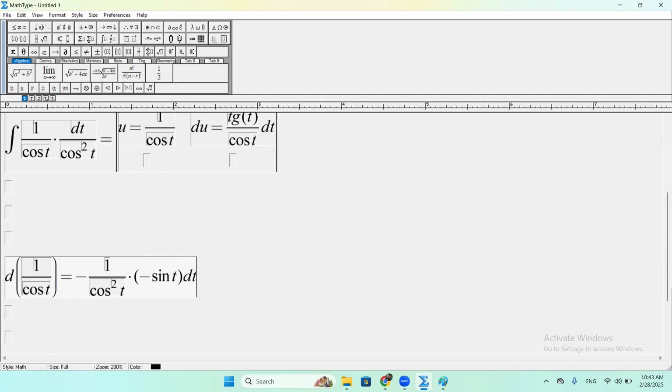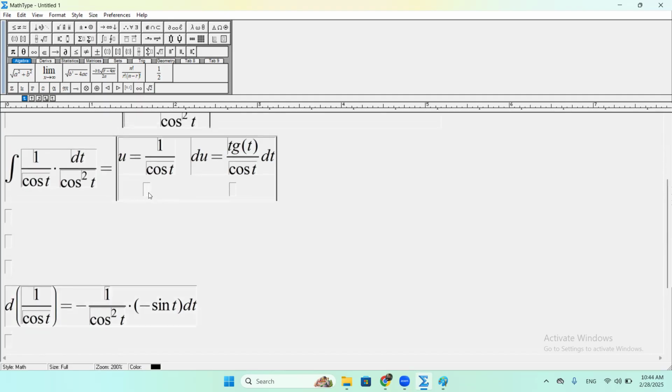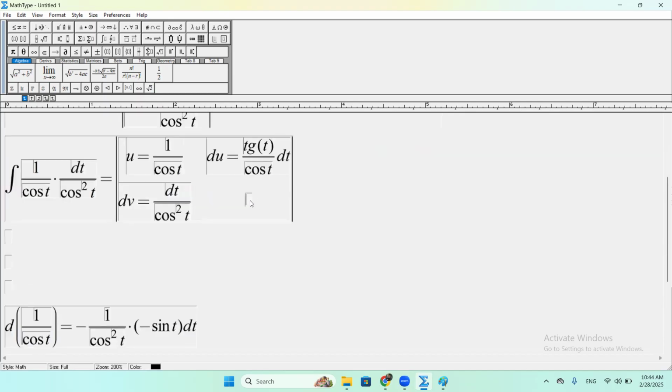Sine divided by cosine is a tangent, so everything is correct. Moving next, dv is this differential, so v equals tangent of t.